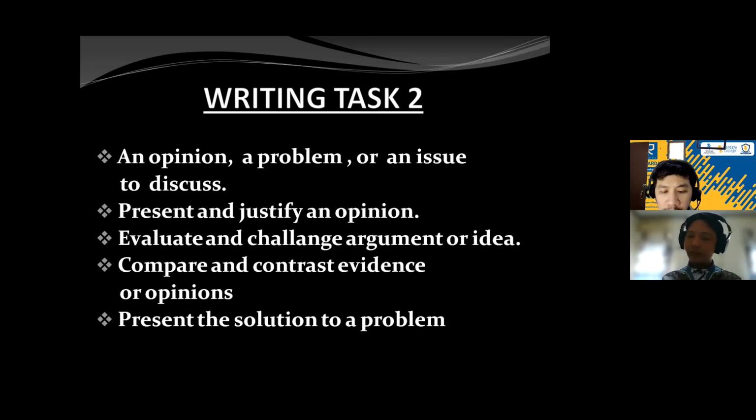They cannot really score, let's say, 6 in their writing, especially writing task 2. This is not because their English is bad, but because of how you deliver your writing, how you structure your writing, and so on. That is why I take this short amount of time to focus on writing task 2.